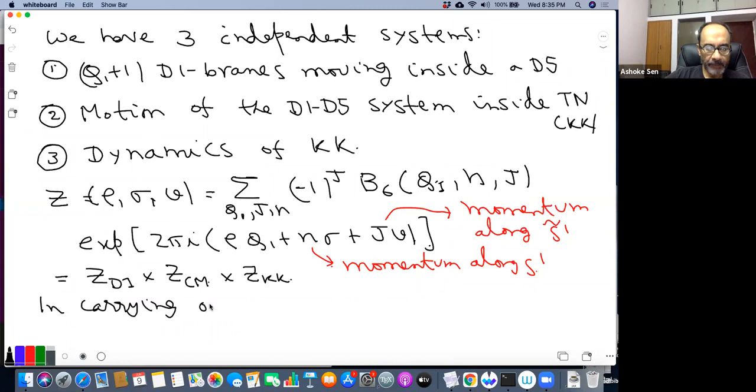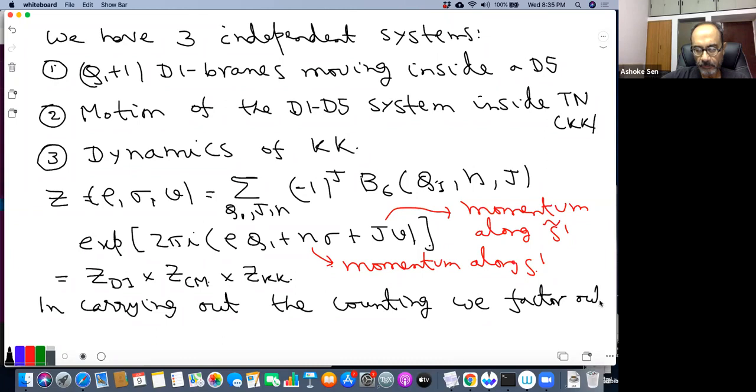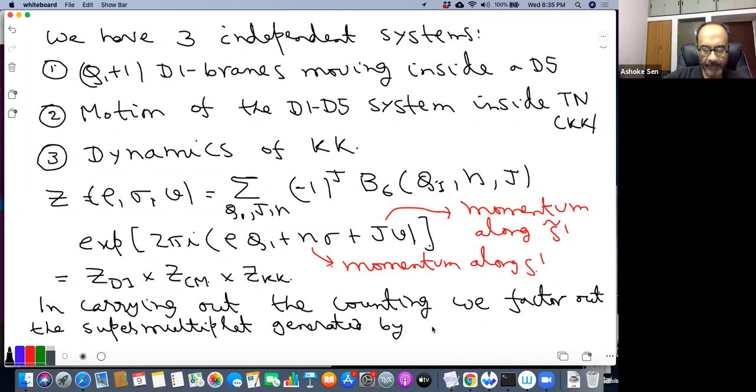In carrying out the counting, we factor out the supermultiplet generated by the Q alpha action, which we saw yesterday.